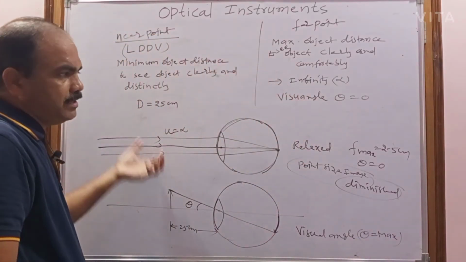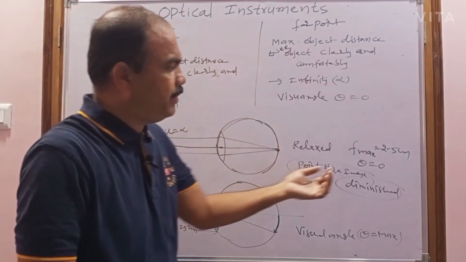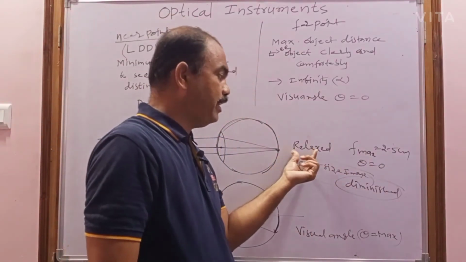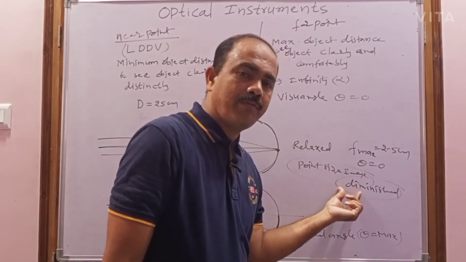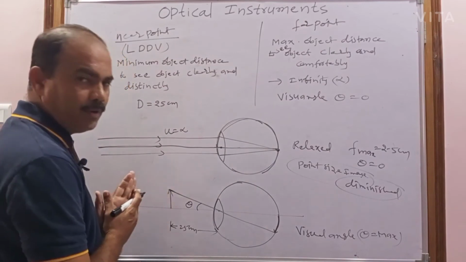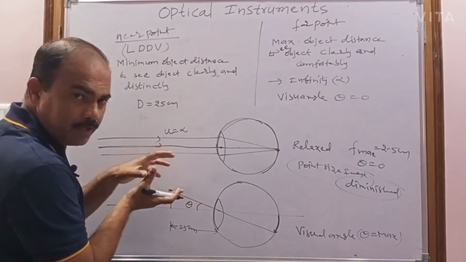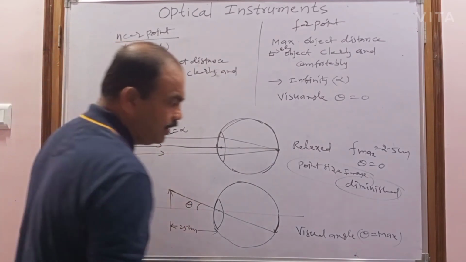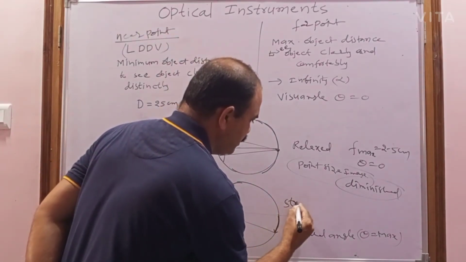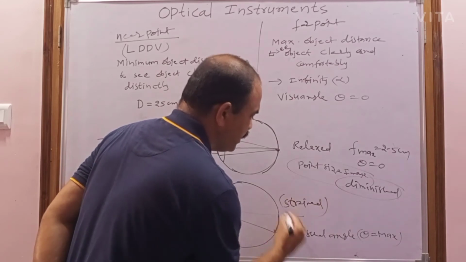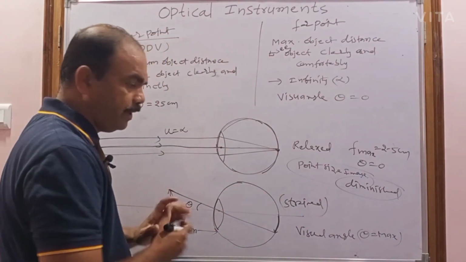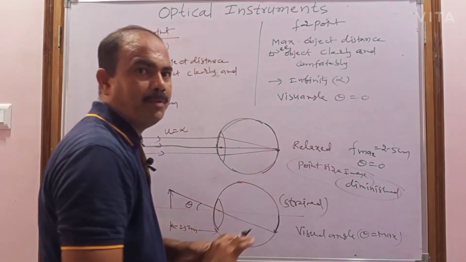But when the object is at the far point or at infinity, the visual angle is 0, the eye has the maximum focal length, our eye is relaxed and the size is very small. When the object is kept at the near point, the visual angle becomes maximum. Due to that, the ciliary muscles are strained. They feel the strain. But in this case, the size of the image is maximum.